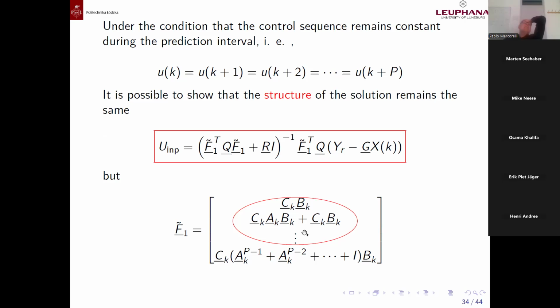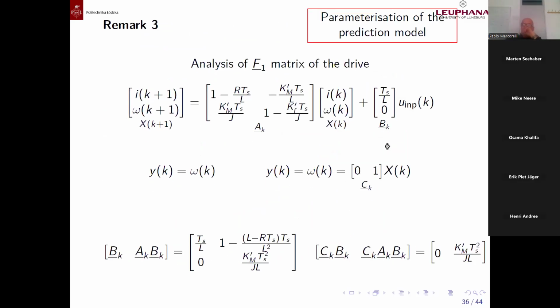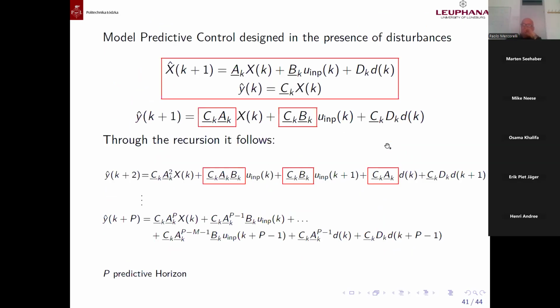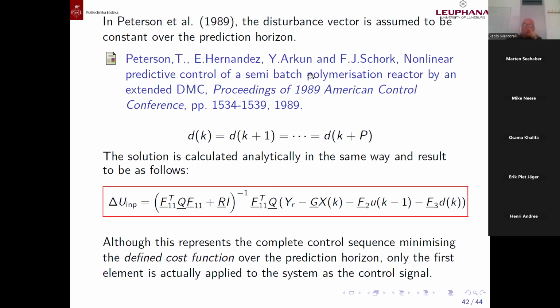Because also here we have an input, even though this input is accessible because it is the output of the controller, but constant. I have to reread this paper here to understand again why the need of this hypothesis. In any case, this is a simplification which allows us to have a solution more easily.